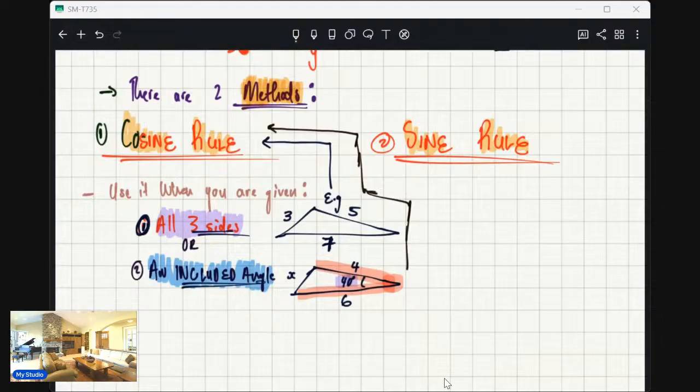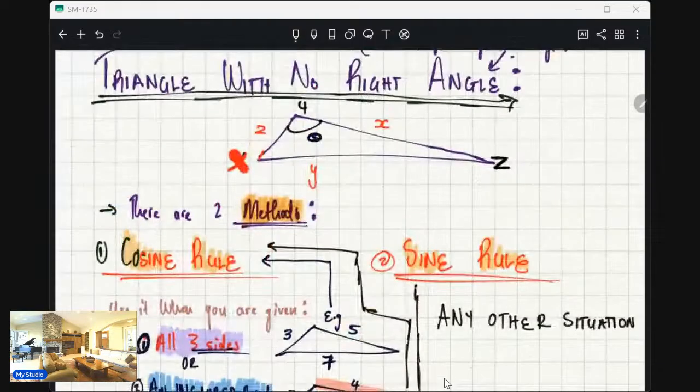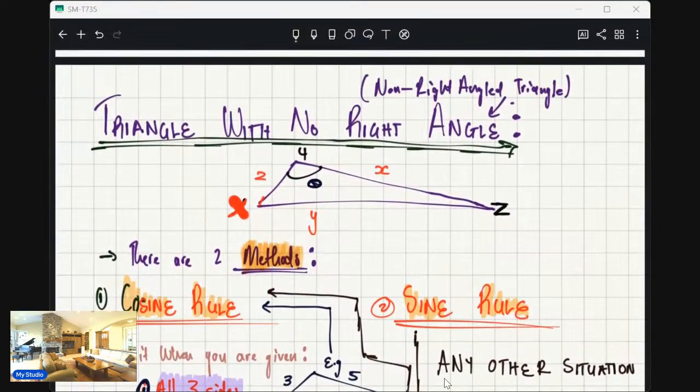When do you use the sine rule? We have seen the two situations where you use cosine rule. What about the sine rule now? You use it for any other situation. So in other words, for the sine rule you will have no right angle, that's condition number one.